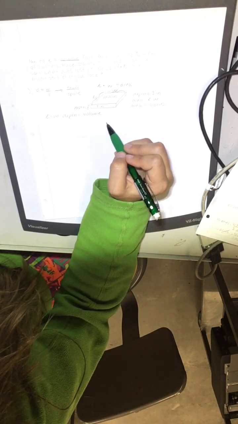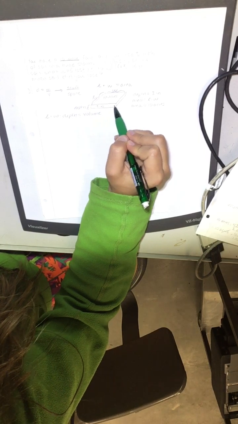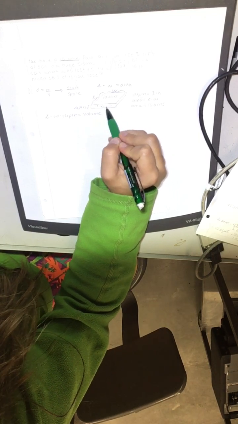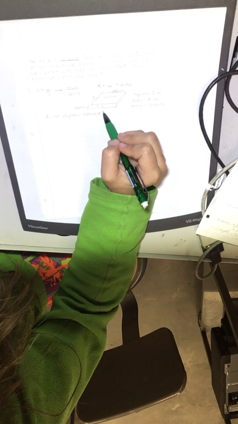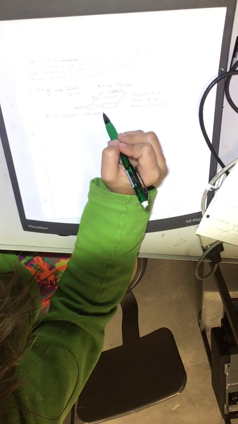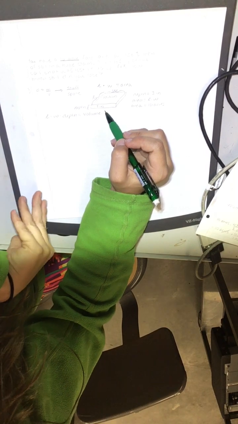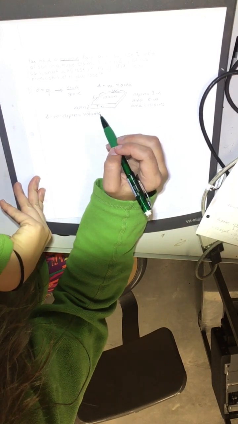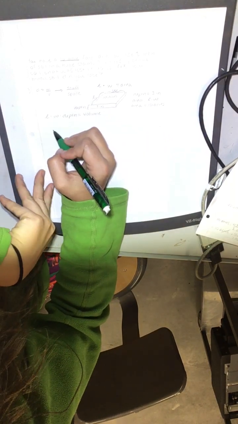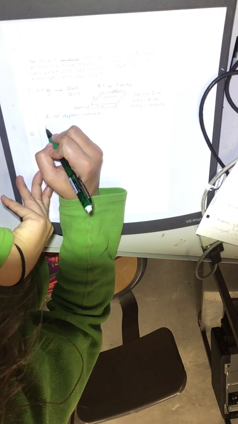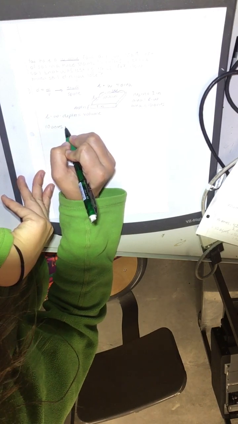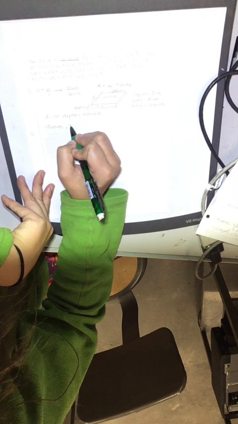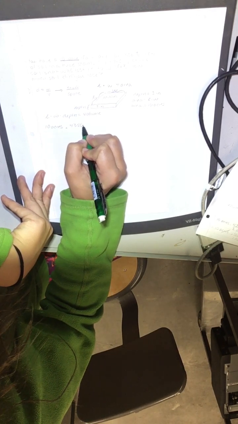So we want to find a common unit so that we can multiply all of these together to form a volume. And so we'll do that by saying that 10 acres times 43560.